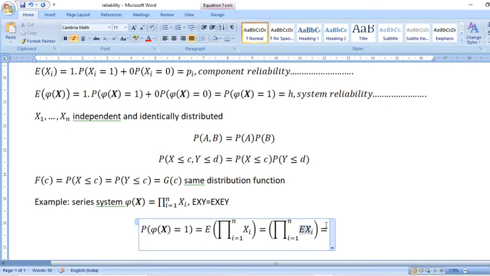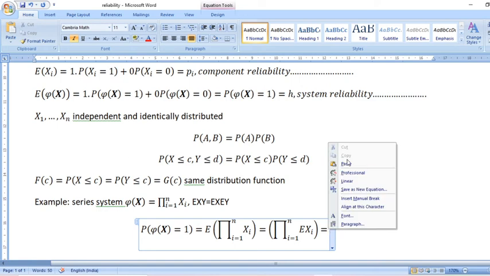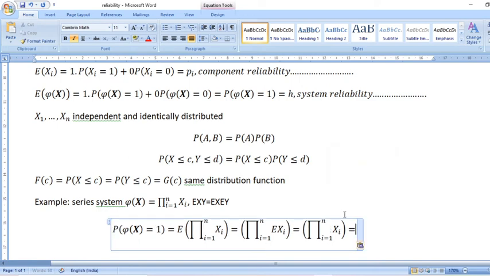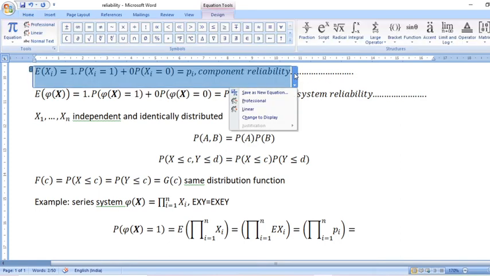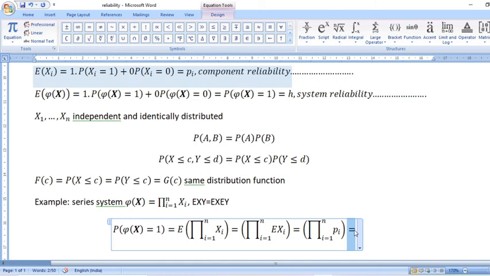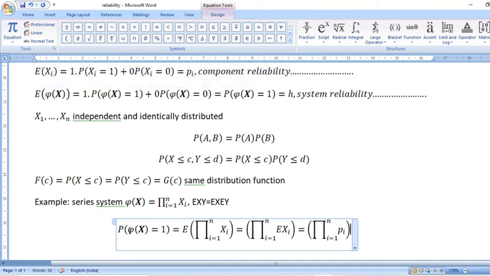Again we can write like this. What is expectation of xi? That is pi, because we have already denoted that as pi. What is the system reliability of a series system? Product i from 1 to n of pi.